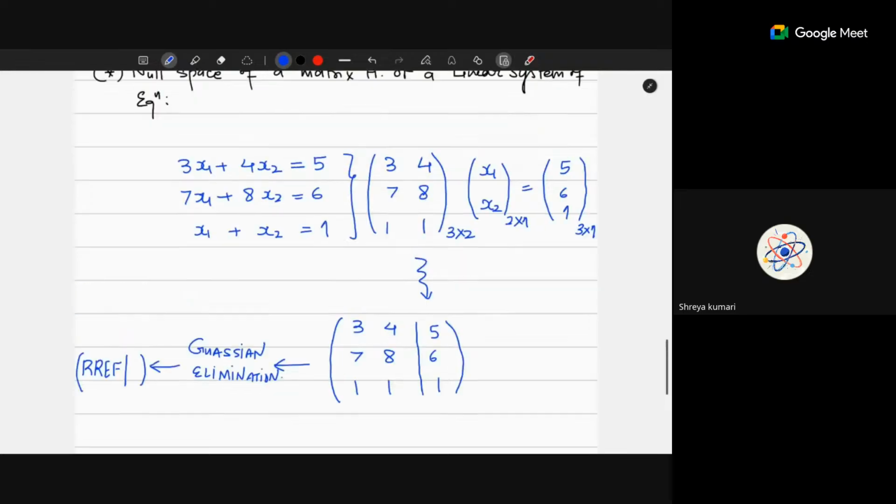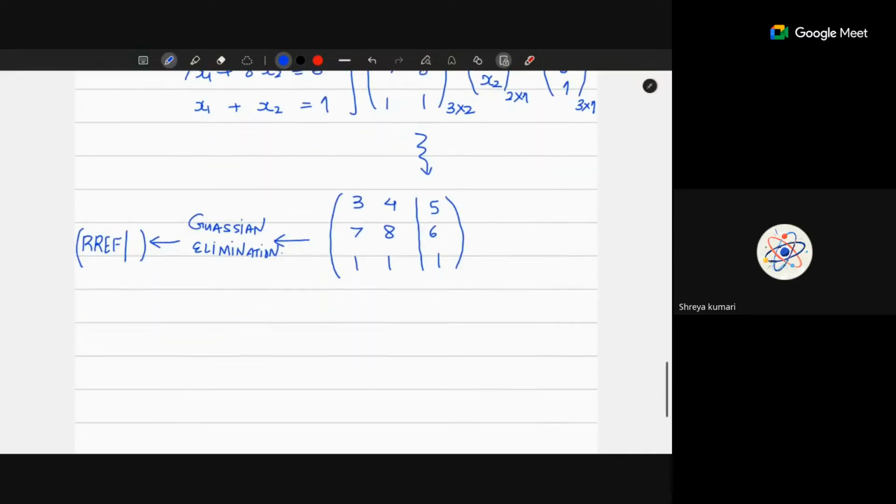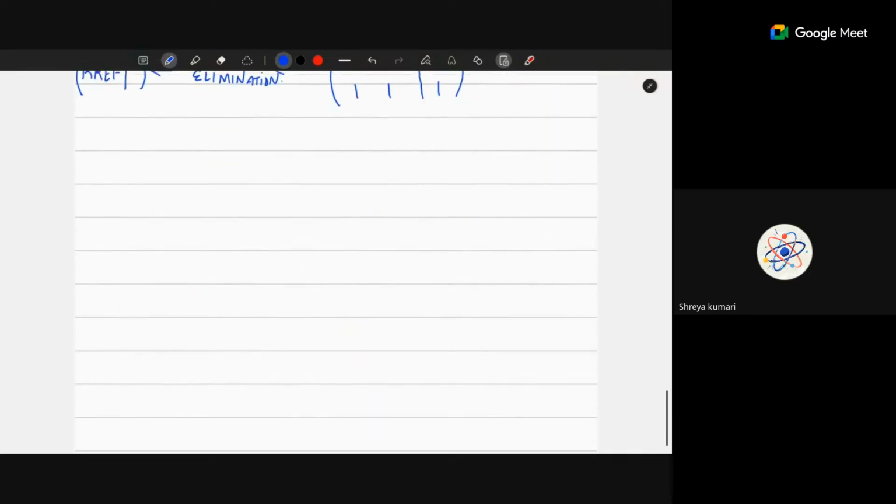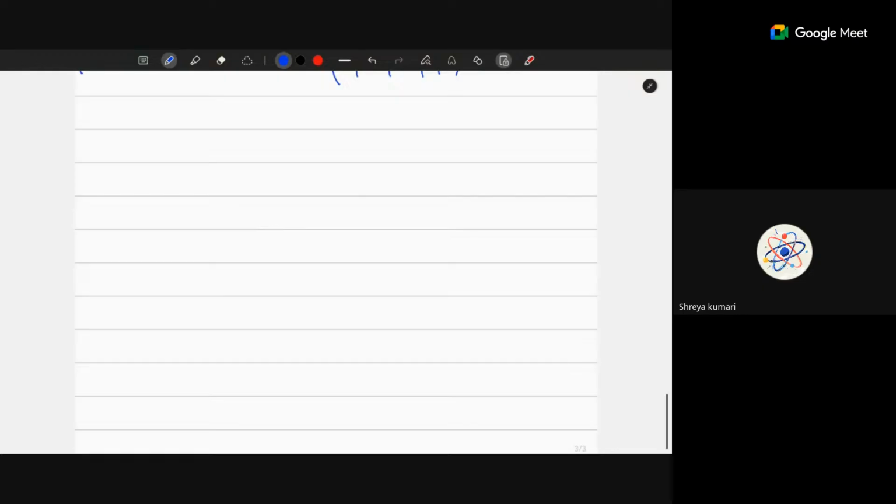Now, these systems are called heterogeneous systems because the solution set has non-zero values. If the column vector on the right hand side is 0, then we call that a homogeneous system of linear equations.